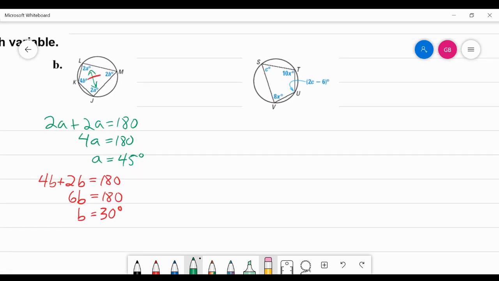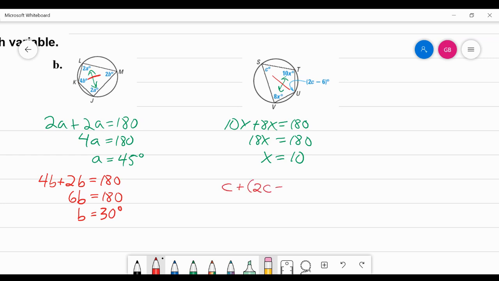And last example, 10x plus 8x is 180. So if 18x is 180, then x is equal to 10. And finally, c plus 2c minus 6 is equal to 180.